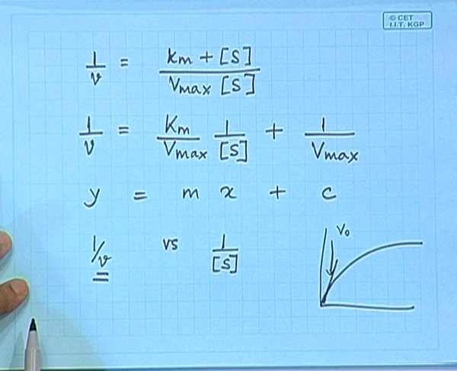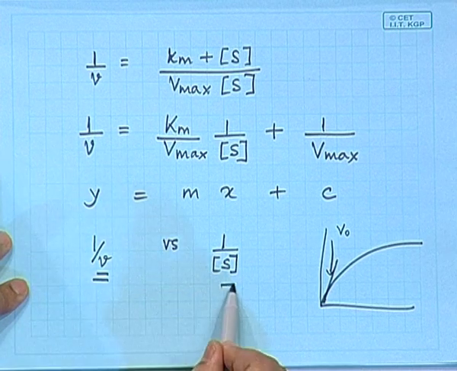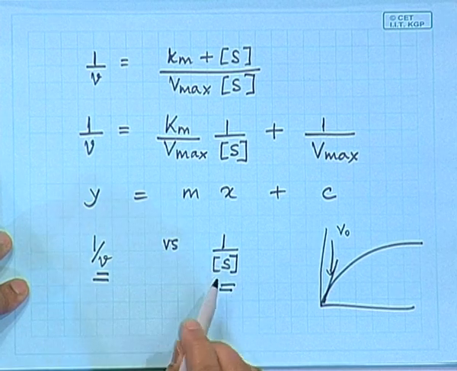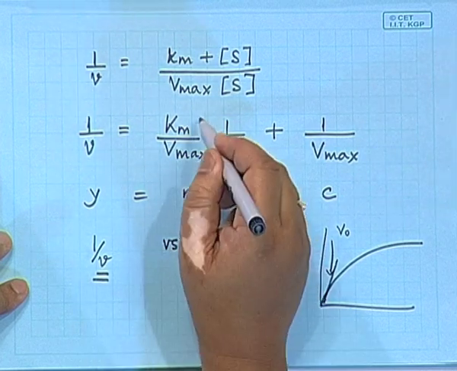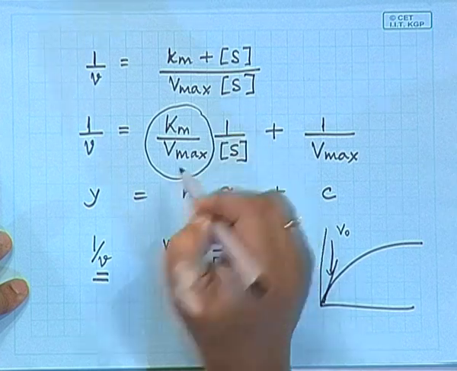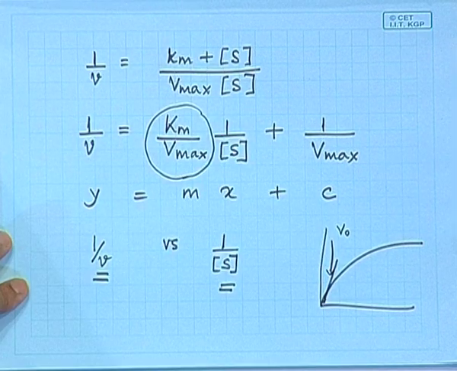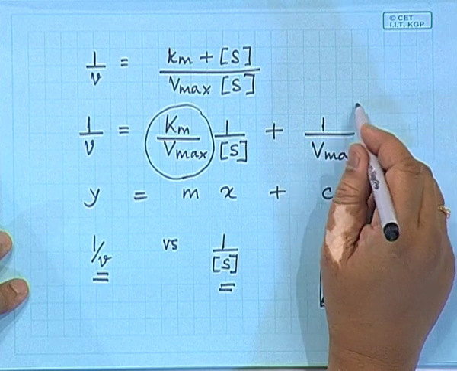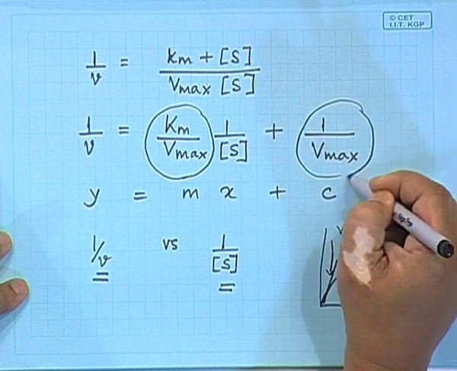So, this is the velocity I know, the substrate concentration I know. From the slope I get Km by Vmax, and what do I get from the intercept? 1 by Vmax.